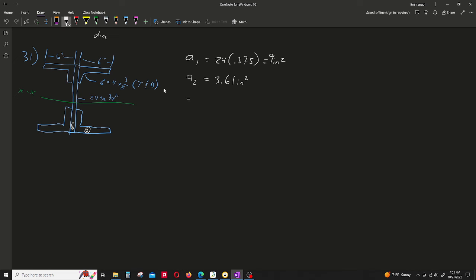So therefore our Ix for 1, base times height cubed, right? And that gives us 432. So therefore Ix2 is going to be 4.86 plus 3.61, multiply that by our 11.067 squared.